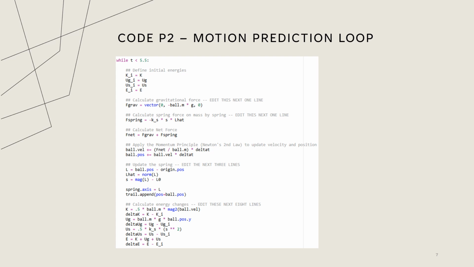Then we update the spring as we did earlier in the code, with L, the orientation being L hat, and the length being s, and then the axis and the trail. At the bottom, we again update the energies, and at the end, total energy is equal to all of them together.